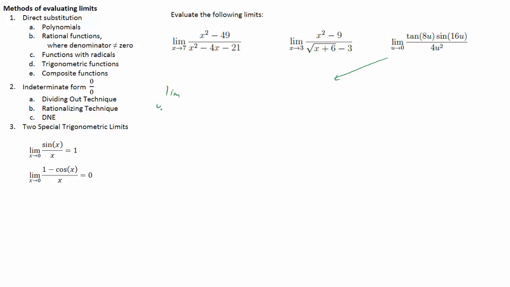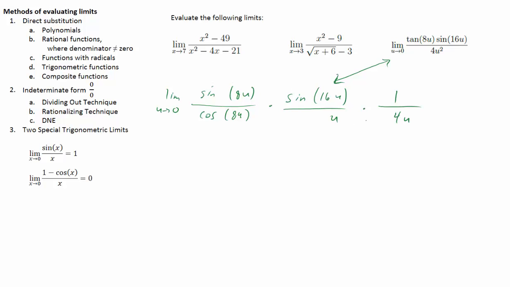The limit as u approaches 0 of, now tangent is the same thing as sine over cosine, and we have a sine of 16u over 4u squared. I'm just going to put a u here, and the other 4u here, so they multiply to make 4u squared. Now we want to get one of these two forms of the limit, and it looks like we almost have that here.